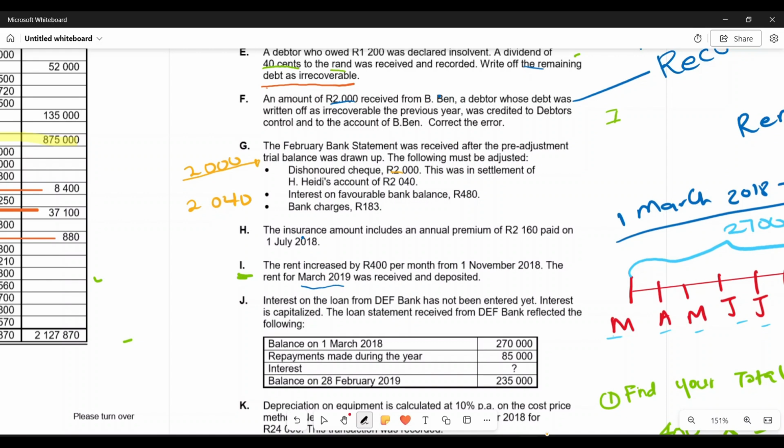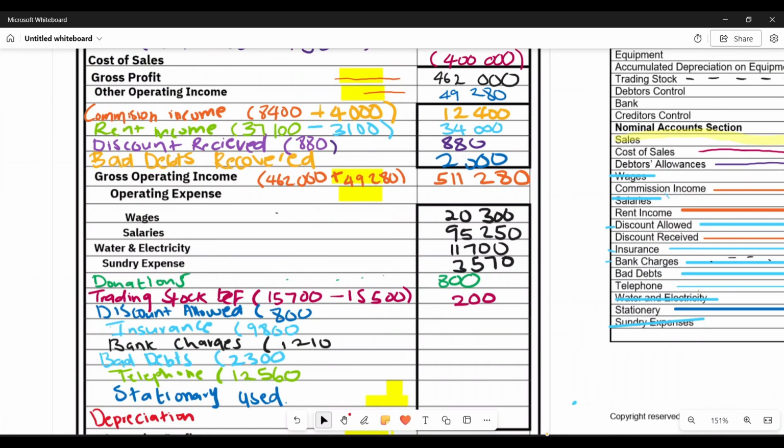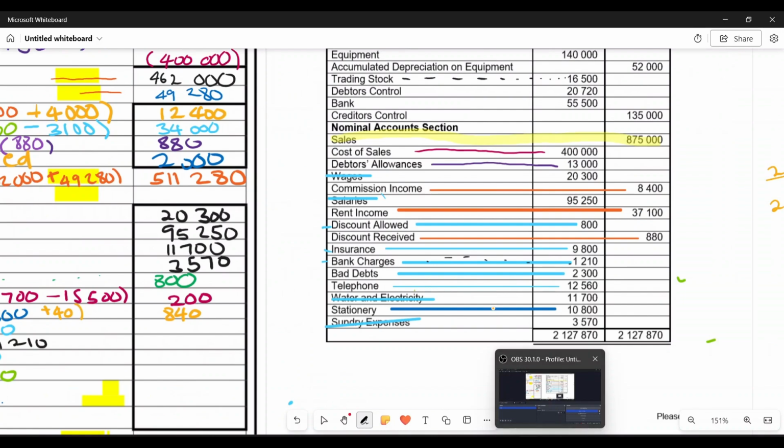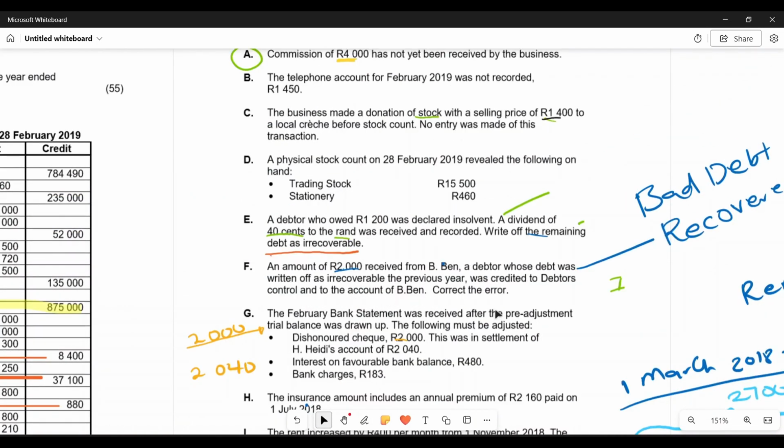And as a result, that discount of 40 rands, we would need to classify it under discount allowed, right? So discount allowed, I'm going to add 40 rands, and as a result, this would be 840. Now, when it comes to accounting, everything that they tell you, you would need to do something about it. What do I mean by that? Every transaction they give you, it's either you're going to add or subtract on a certain line item. 99% of the time, there wouldn't be transactions whereby you would just leave them and do nothing, right?